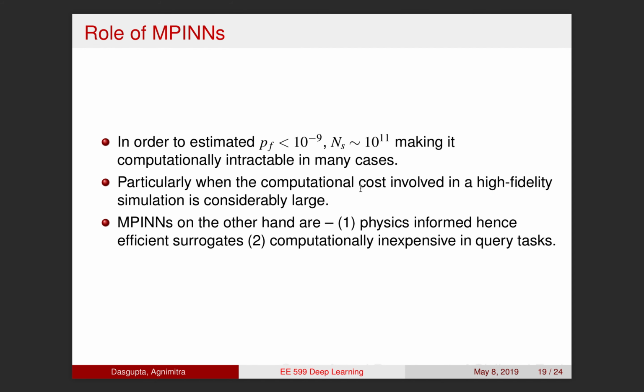Say, for example, you want to estimate a failure probability less than 10 to the power minus 9. For that, you would need around 10 to the power 11 samples. And evaluating very expensive computational models these many number of times is simply not computationally tractable.